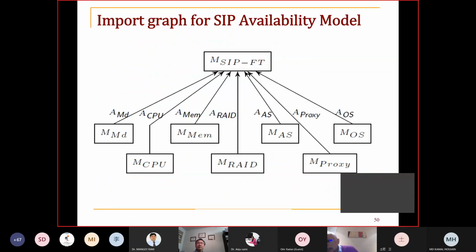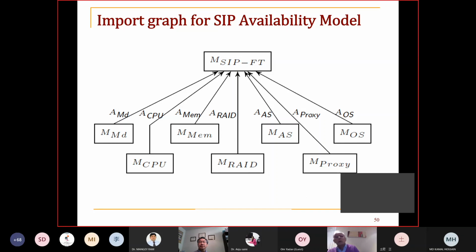Now I know time is running out, but let me abstract what we did in this IBM model exercise. We had several submodels, and these submodels were communicating with each other.